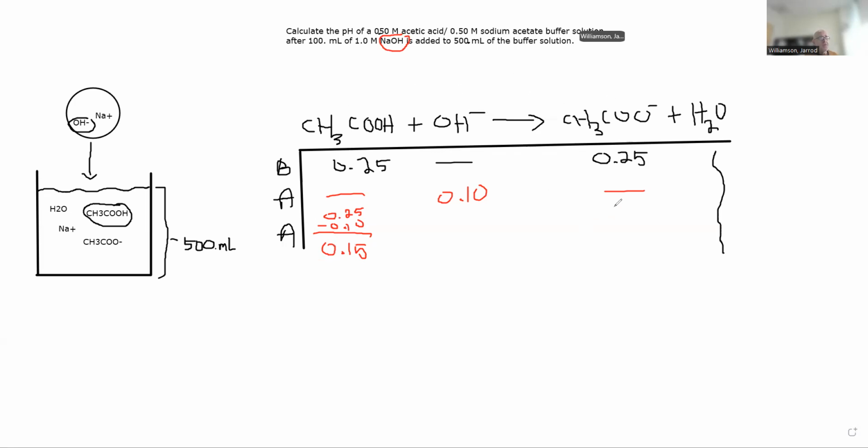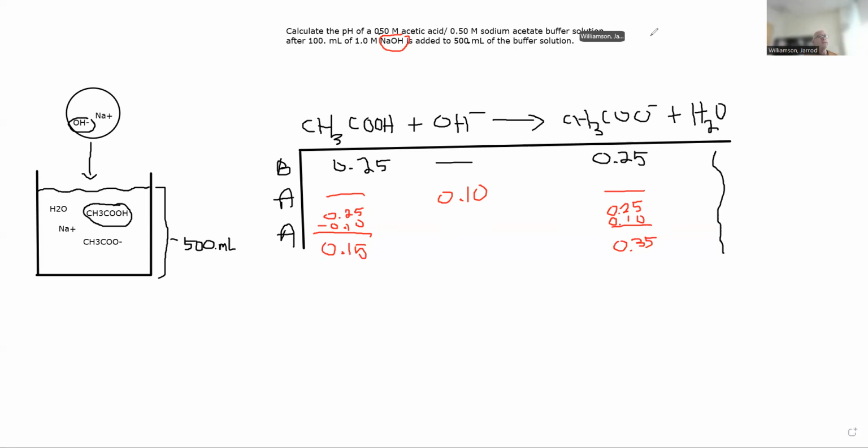So this is going to be 0.25, and 0.1 of that was used up, so 0.1 of this is made. So when I'm done, I'll have 0.35 moles. Okay.